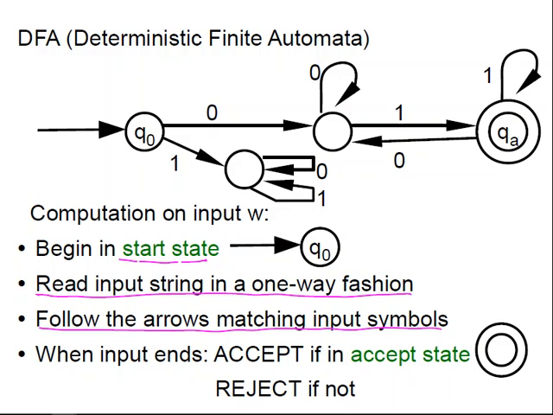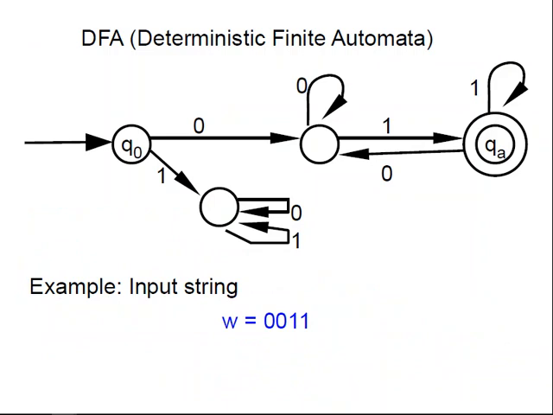When the input ends, if you are in an accept state, you're going to accept. The accept states are the ones with a double circle. And if you're not in an accept state, you're going to reject. So this computer only computes 0, 1, yes, no, true, false functions.